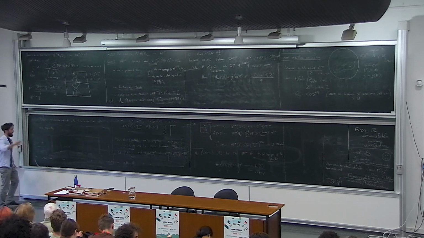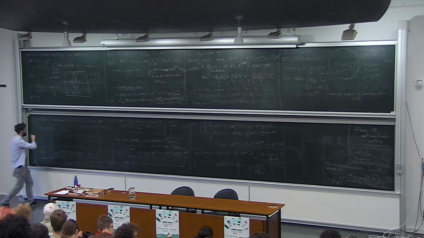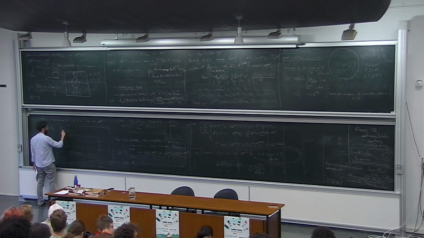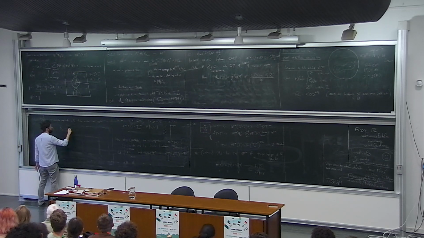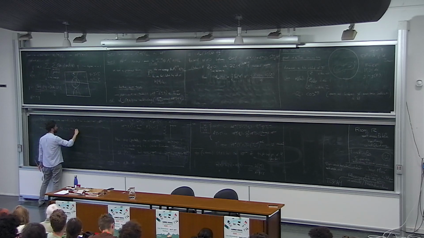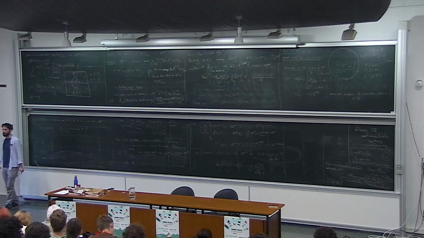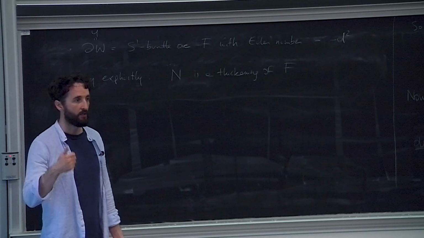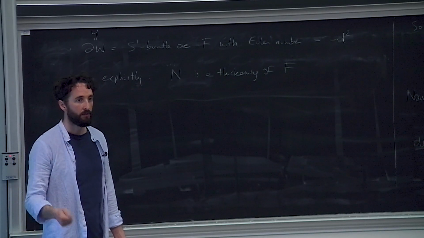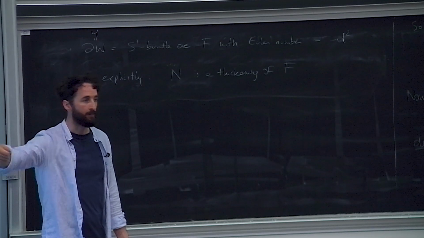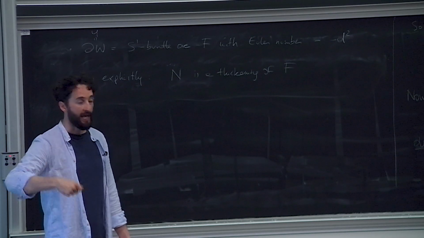Let's view it from the N perspective, from the neighborhood perspective. The neighborhood of the surface is a thickening of F. So it has a handle decomposition with one handle for every handle of some handle decomposition of F, and with the same index.